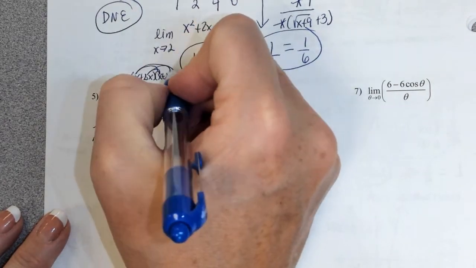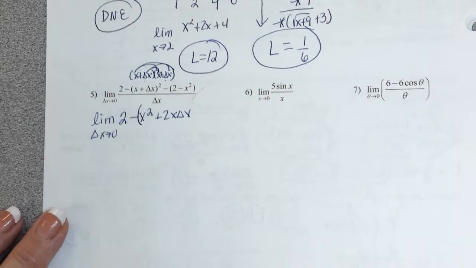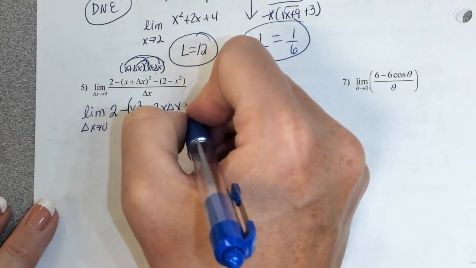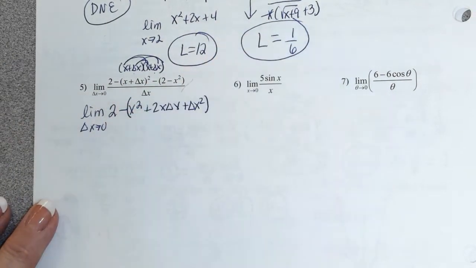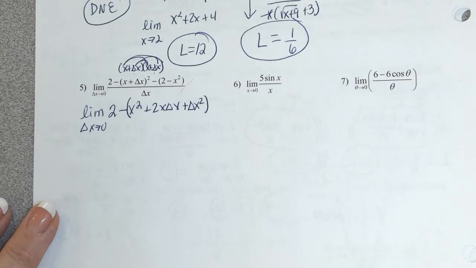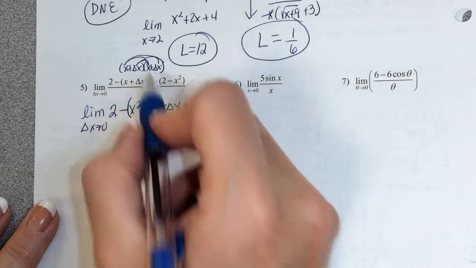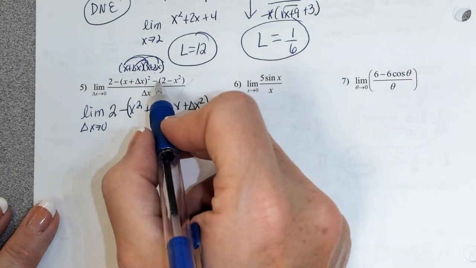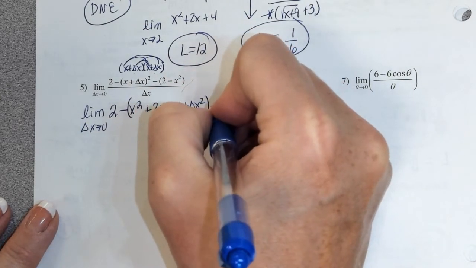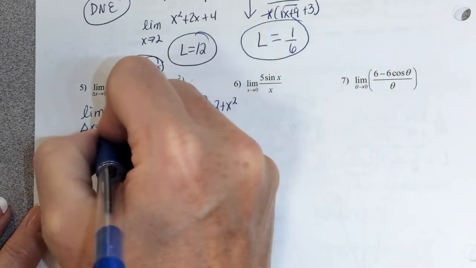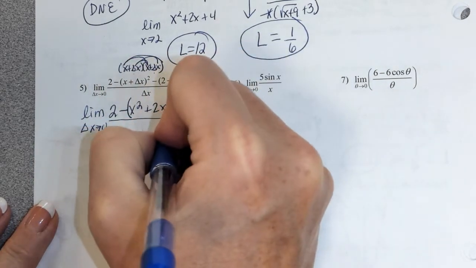Then I'm going to do the last times the last. Delta x times delta x. What is it, everyone? Delta x squared. Now, I'm going to go ahead and distribute this negative through. All of this was just that right there. So now I'm to this part. I have minus 2 plus x squared. Just distributed out my negative.